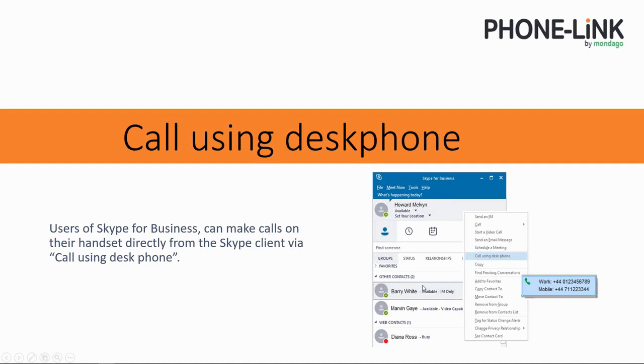So if a particular contact in Skype has got dialable phone numbers included in their contact information, when you click on here, if there's only one dialable number, PhoneLink will dial it automatically for you. But again, in this case, PhoneLink has found two dialable numbers, so it gives you the option of selecting the one that you want. What it means is that you can, within the Skype for Business environment, actually call somebody using the desk phone rather than using Skype.